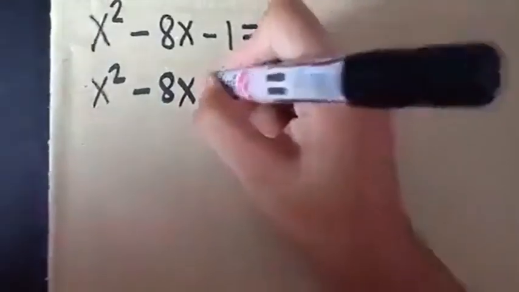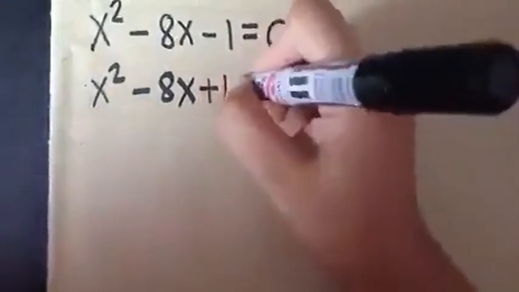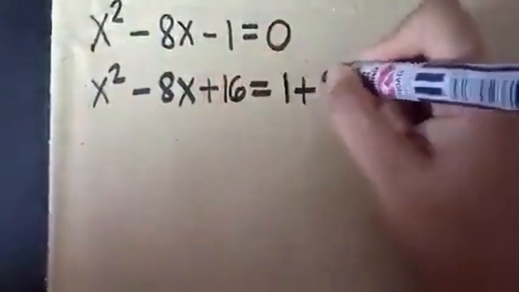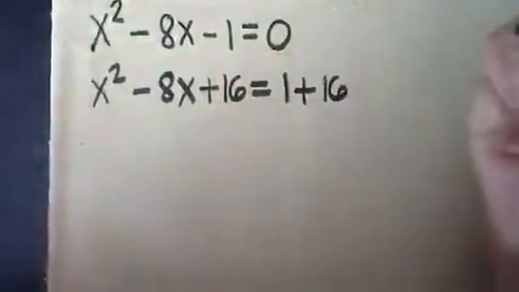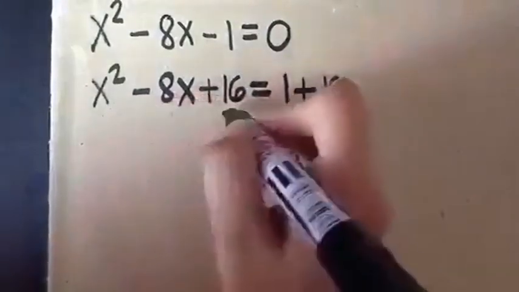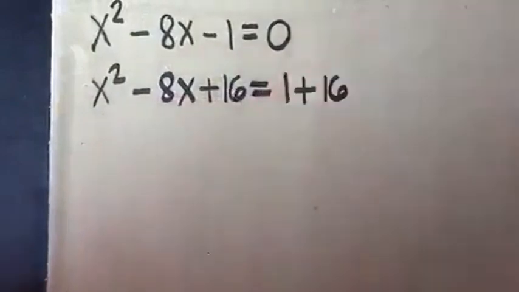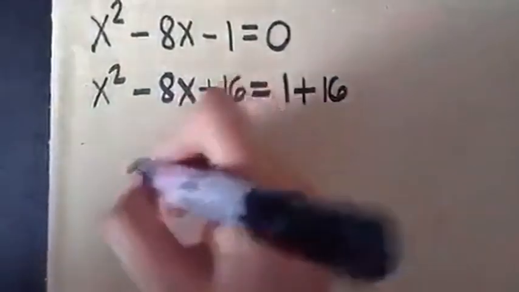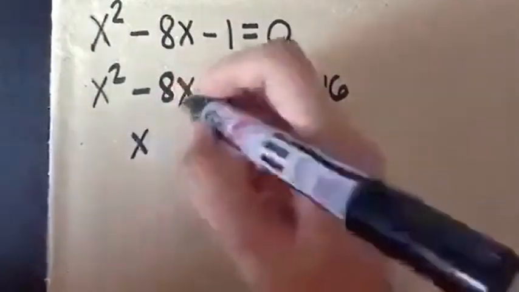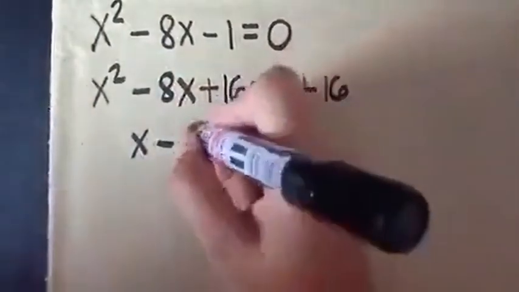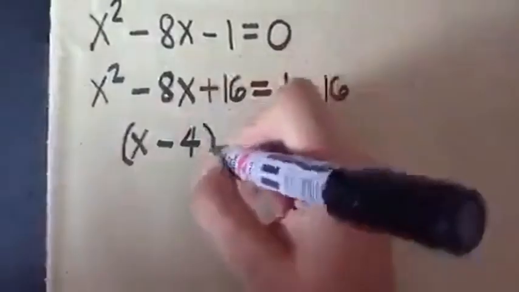So, we are going to add positive 16 to both sides of our equation. So, since this is a perfect square trinomial, we can now make it a square of a binomial. So, we are going to have x minus 4 squared.